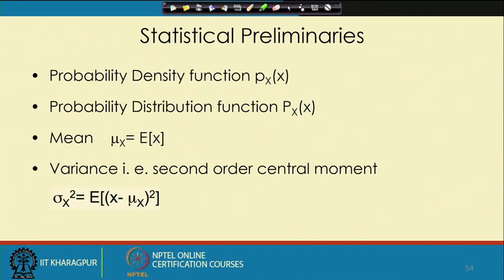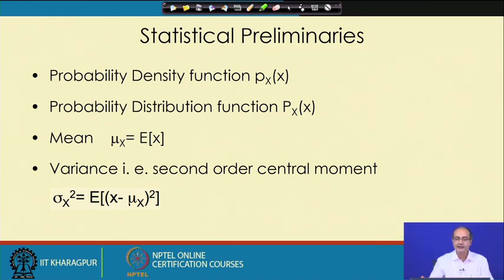Now, we look at that in more detail. First we look at the probability density function. If we have a continuous variable or continuous signal, then we can get the probability density of that variable.